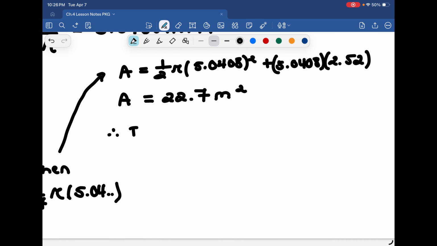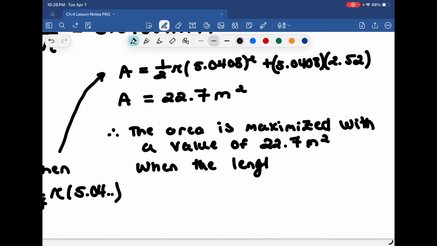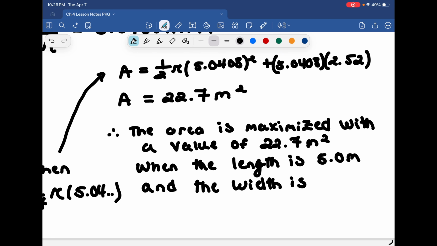So therefore, the area is maximized with a value of 22.7 meters squared when the length, whoops, I'm going to make sure that's a little neater, length is 5.0 meters and the width is 2.5 meters.